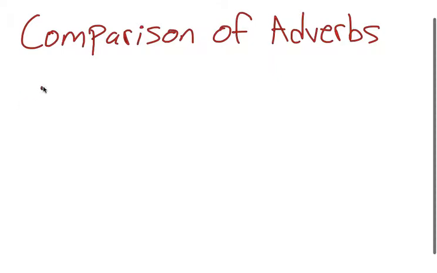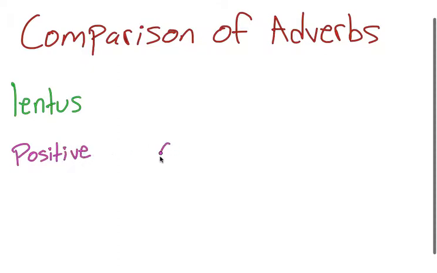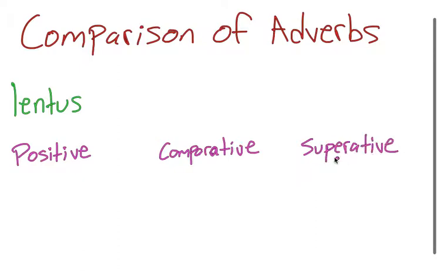So I'm going to start by giving you a first and second declension adjective, and that's going to be lentus. All right, so I want to take lentus and I want to give positive, comparative, and superlative forms of the adverb, okay?